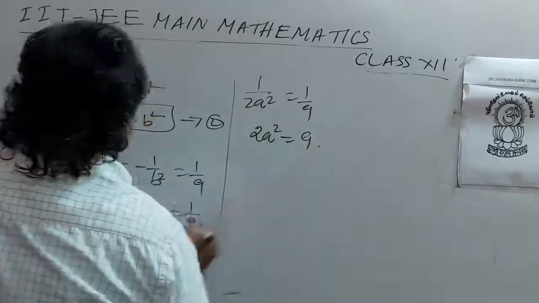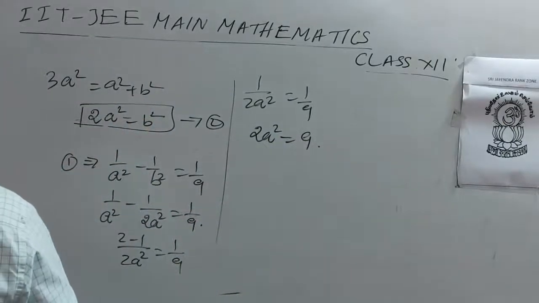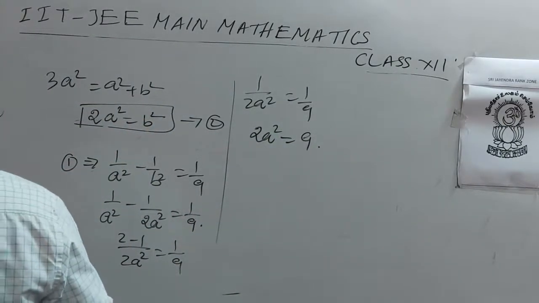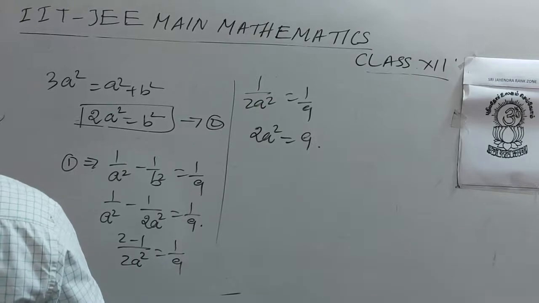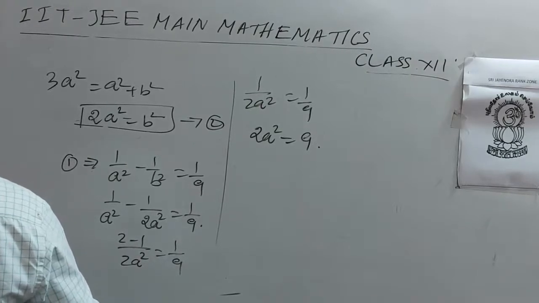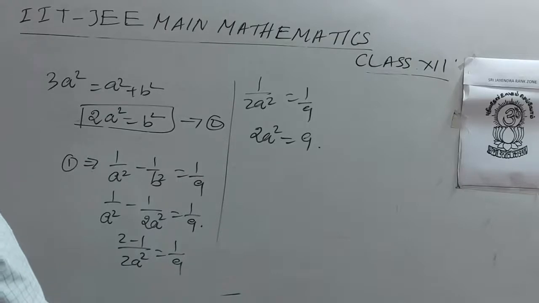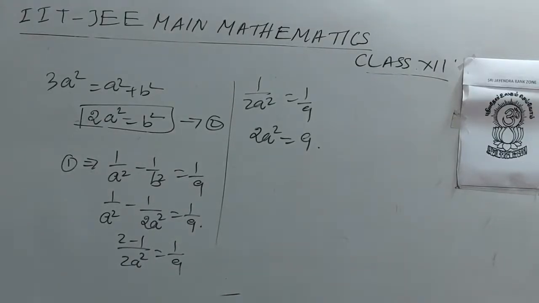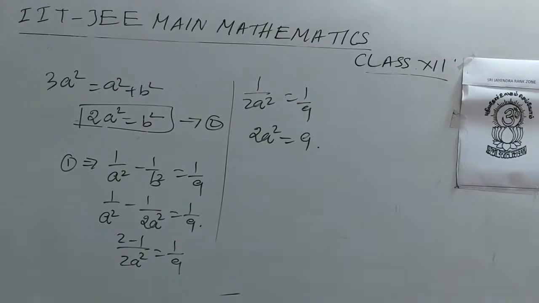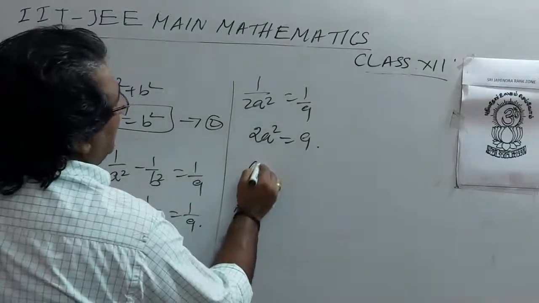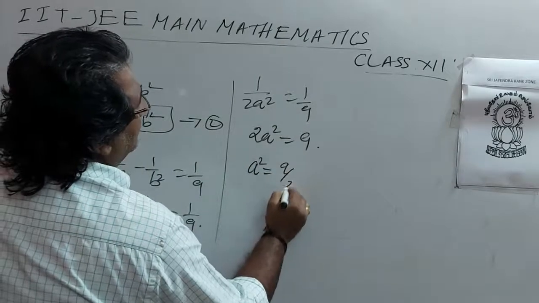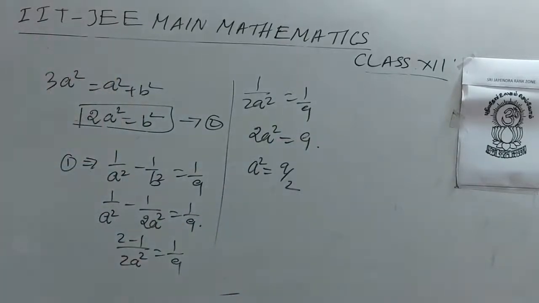So 2a squared equal to 9, so a squared equal to 9 by 2.